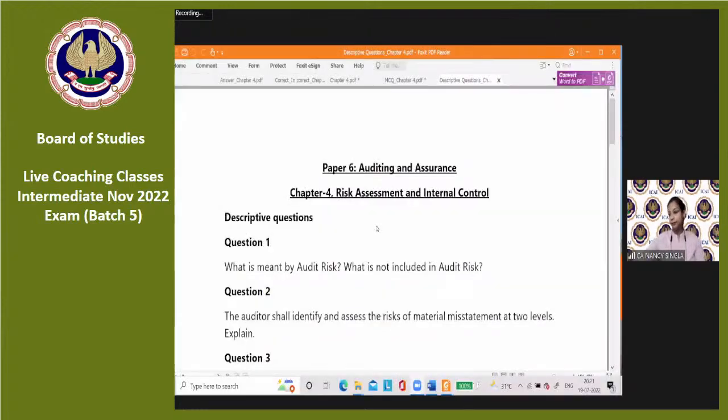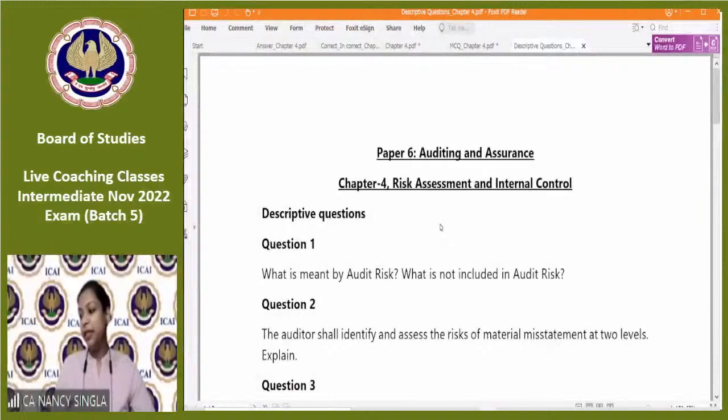Which PDF, Mr. Anil, do you want? Anil Kumar. These PDFs of correct, incorrect, MCQs, descriptive questions along with answers have been uploaded. You may download these files.